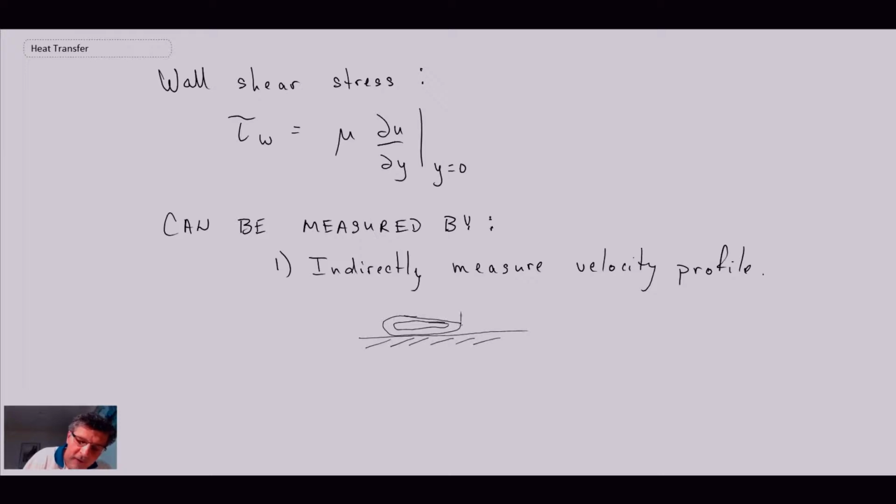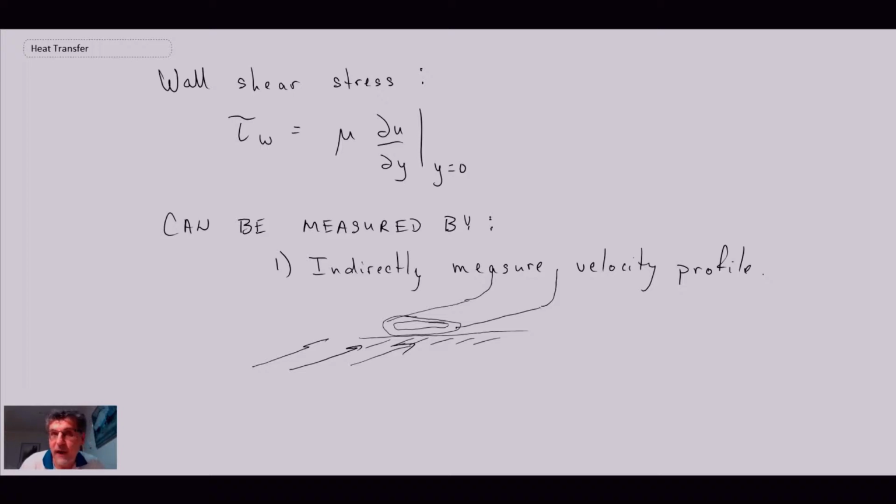And so the probe body itself would come up and away from the wall. I don't know if I can draw that in 3D. I probably can't, but let's give it a try. So you would have something like this where your probe body is coming up and then eventually goes away from the wall, and your flow is coming in this direction. That would enable you to get the velocity very close to the wall.